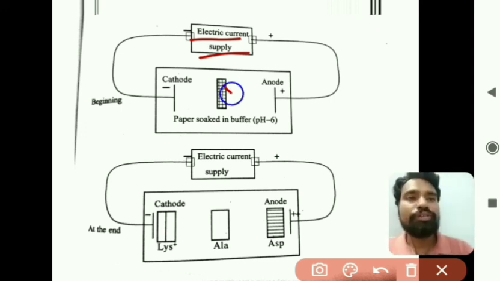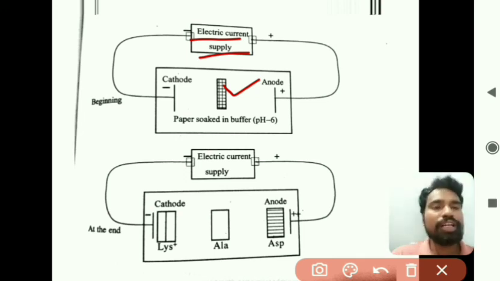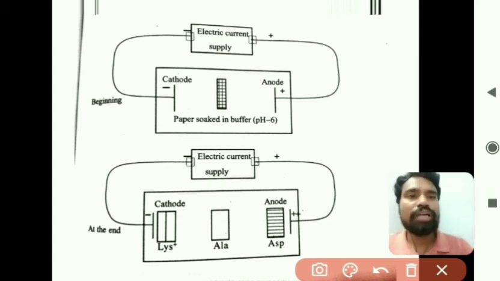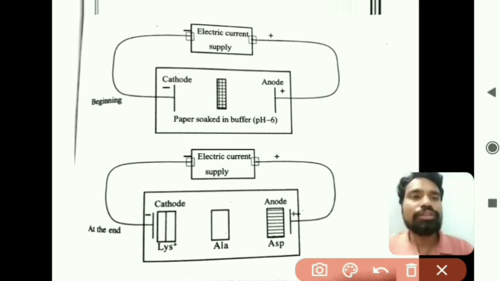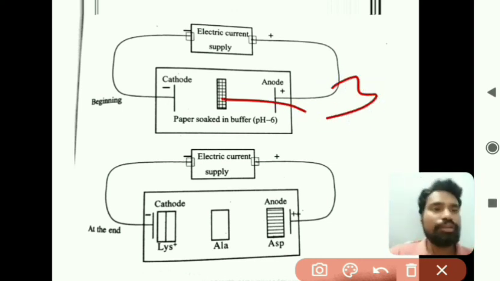So here we have taken the paper which is containing the mixture of amino acids. The pH is maintained through the buffer, right? So now what will happen when we pass the electricity? There are three amino acids here: alanine, lysine and aspartic acid. So when the electricity is passed, what will happen?